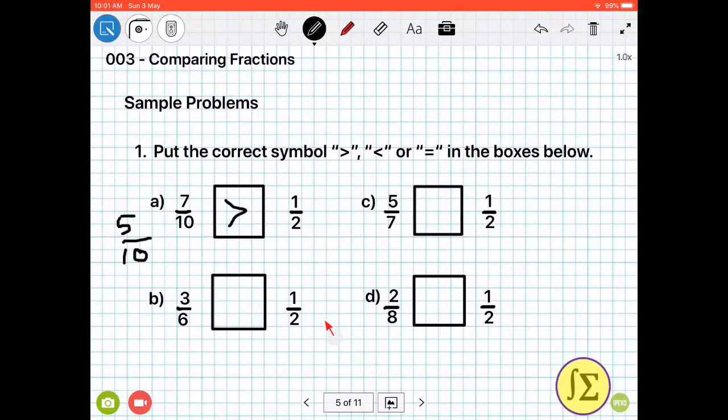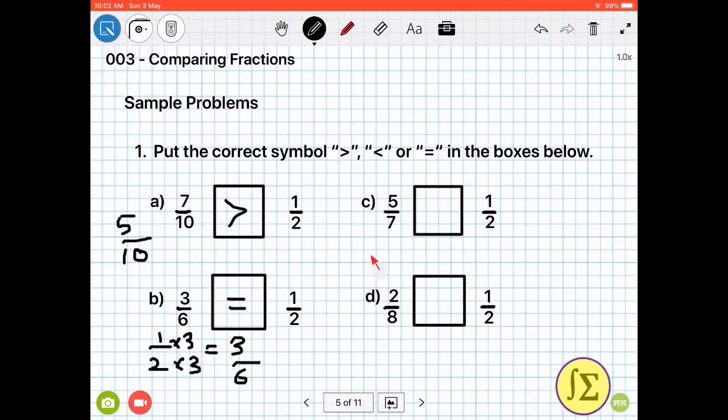Okay, as we studied in lesson number 2, 1 over 2, you multiply the denominator by 3 and the numerator by 3, you would get 2 multiplied by 3, 6, 1 multiplied by 3, 3, right? So you get 3 over 6, which is an equivalent fraction for half. So the answer to this is 3 over 6 equals half.